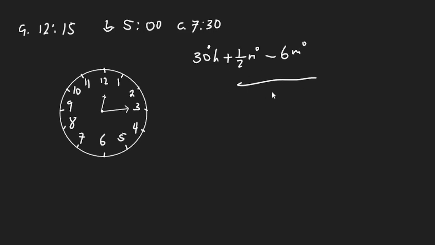So let's find the LCM for this. 1/2 minus 6, which is 12/2, this gives us negative 11/2. So this gives us 30 degrees per hour minus 11/2 degrees per minute. So this gives us the general formula.